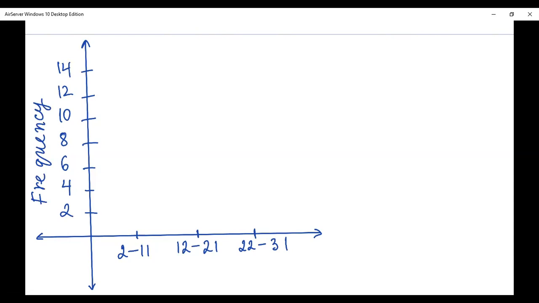Perfect. All right, so what we're gonna do is we're gonna build our bars. Okay, 14. Okay, perfect. Then the next one was only 2, so it's a small one.